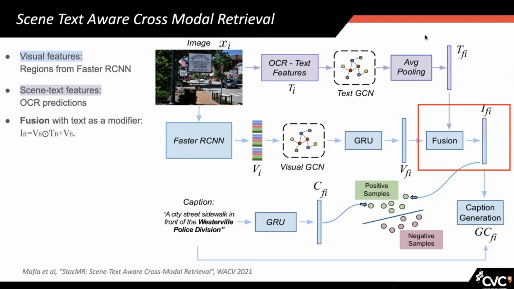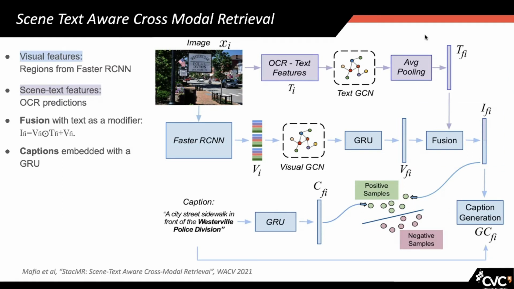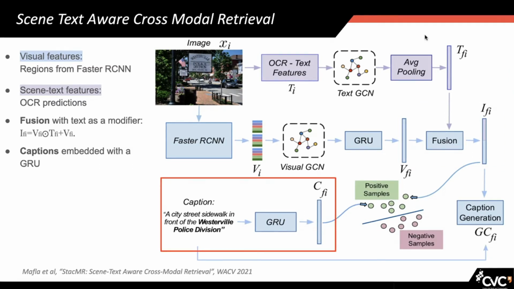So at the end, we end up with a final image representation, IFI, right? And basically, we use some captions, which come from a different modality, to construct a triplet loss, okay?